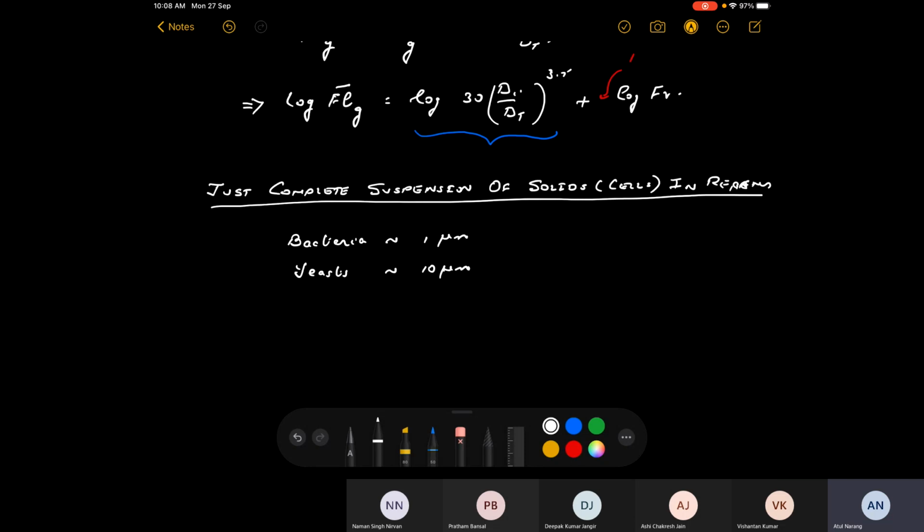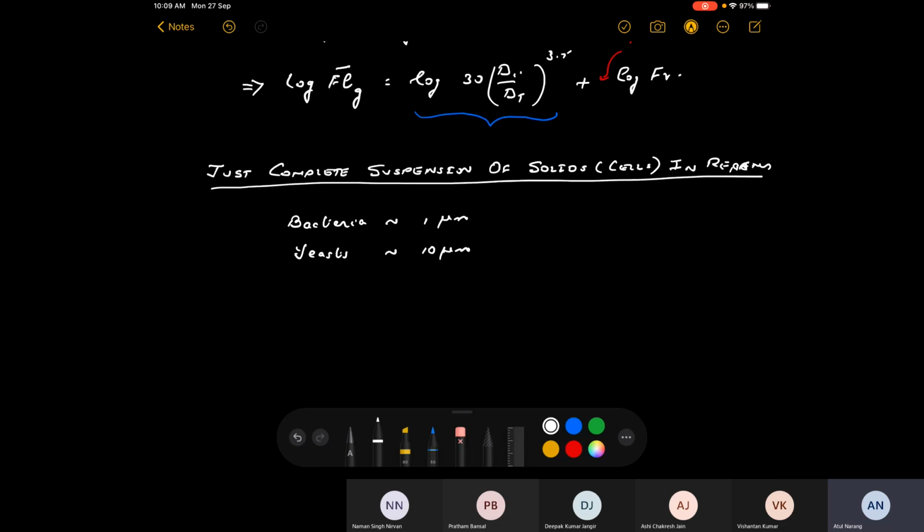This is the velocity that is really attained in terms of settling. What is the final velocity they attain moving down? So the bigger the particle, the larger the terminal velocity. In other words, the larger the tendency to move downward, and the more severe the problem of those cells settling at the bottom.